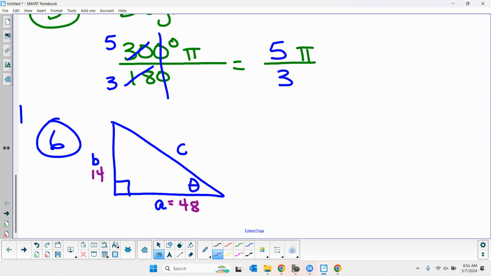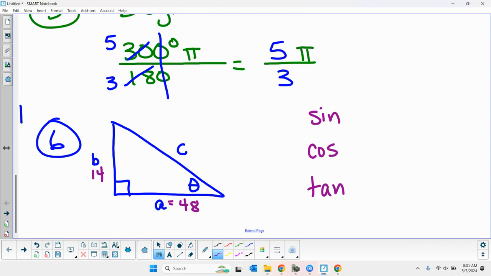Do we need to find C for cosecant? Cosecant is reciprocal of which one? We got sine, we got cosine, we got tangent. Which one does cosecant go with?